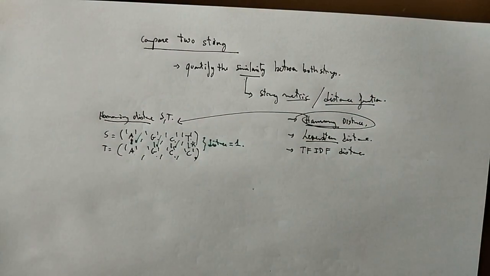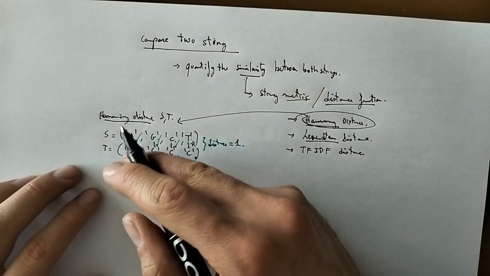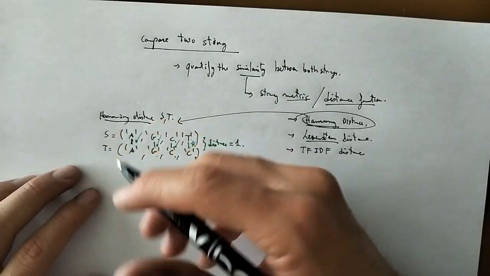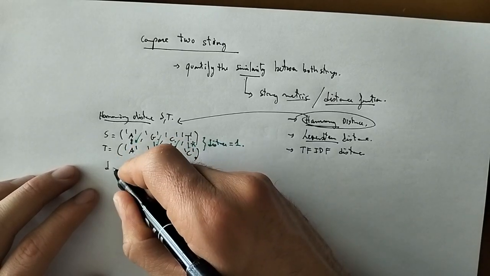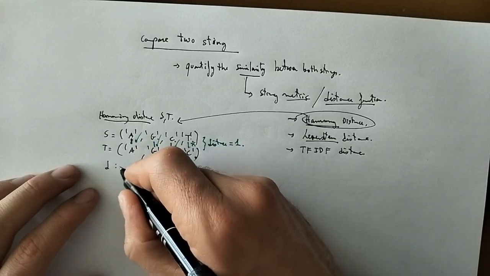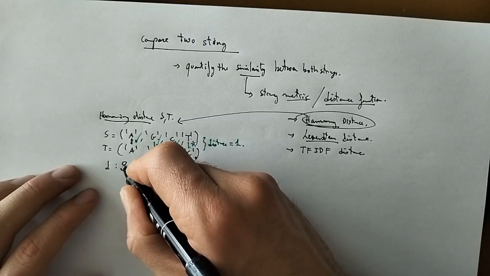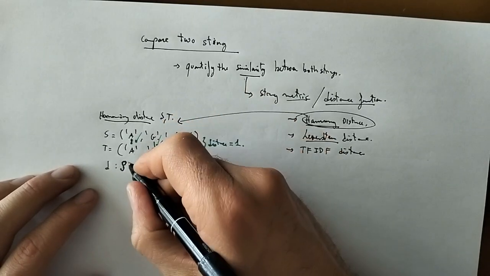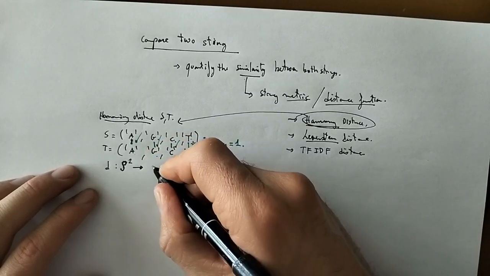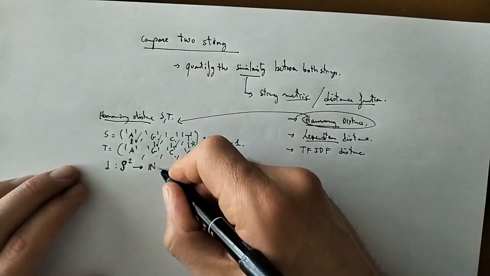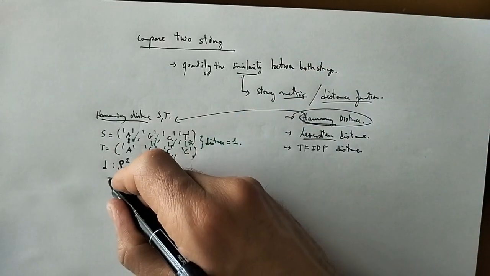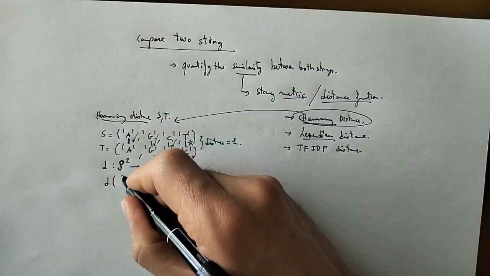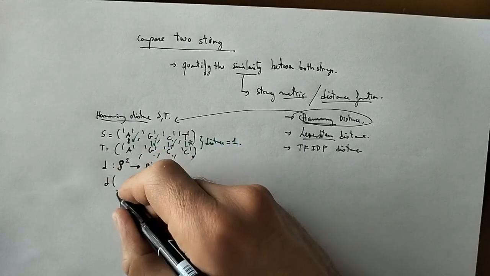If we want to define this distance in a more mathematical way, we need to define a function D that goes from our set of all strings to the set of natural numbers, for example. And in practice, it will be something like this.